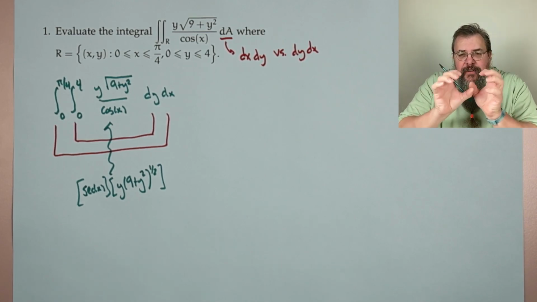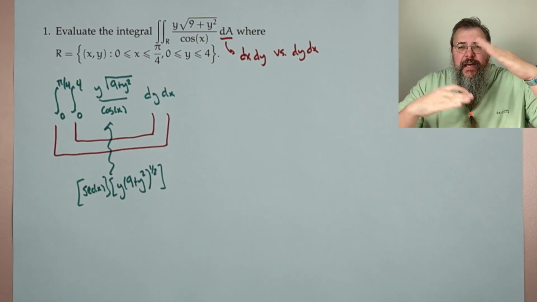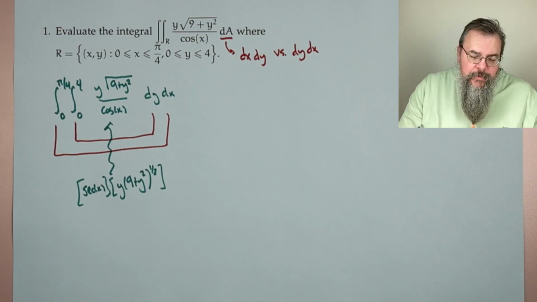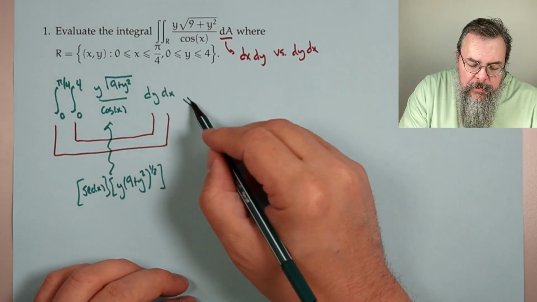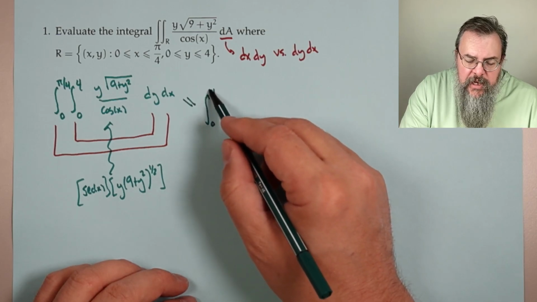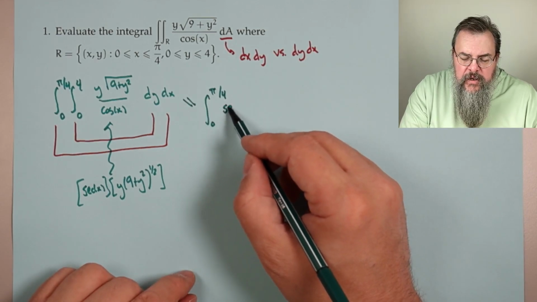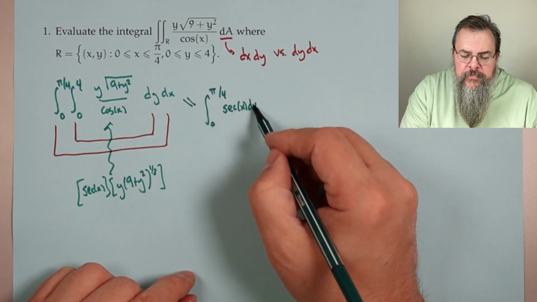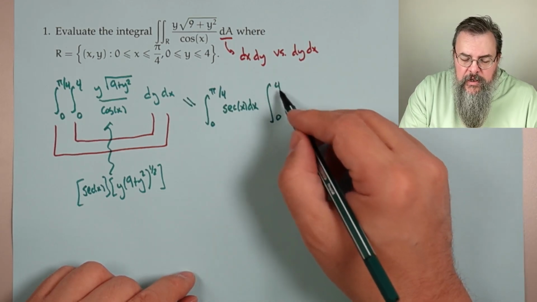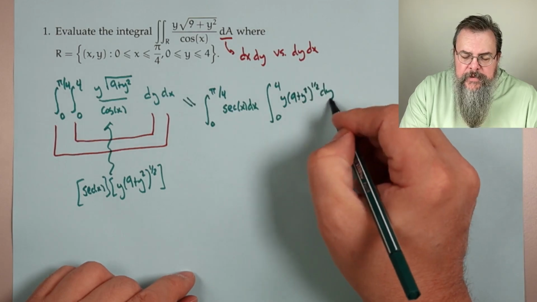And what that allows us to do is pull the integral into parts. Because you have this nice clean separation, and because we're integrating over a rectangular region, we can do the following. Namely, we can say this is actually two integrals multiplying together. So I can do the x integral, 0 to pi over 4, secant of x, and then I can do the y integral, 0 to 4, y times 9 plus y squared to the 1/2.